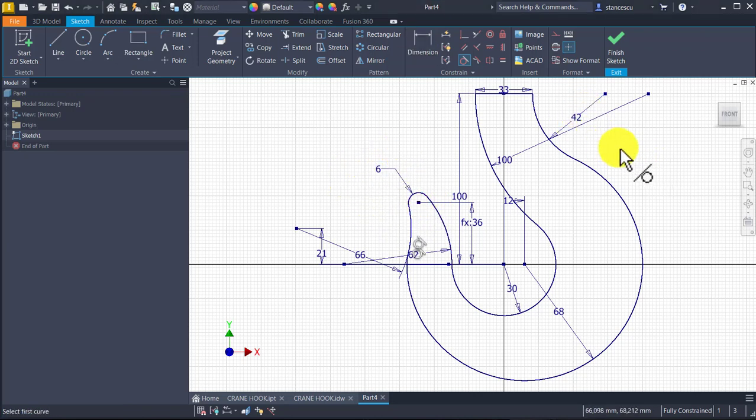I arrange these dimensions a little because this will be the basic sketch and I want it to be very, very clear for everybody.